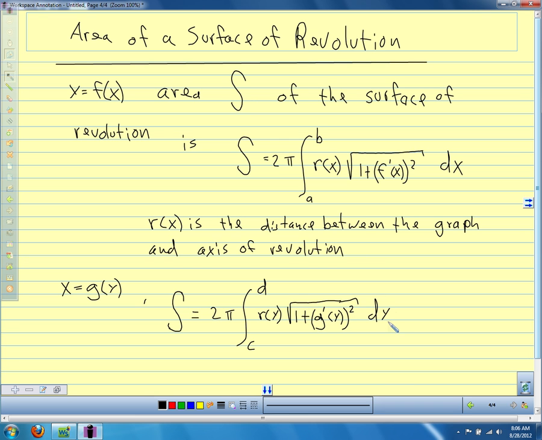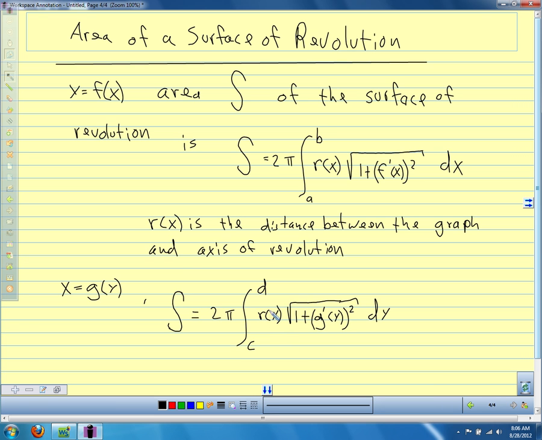And r of y is just the radius of revolution expressed as a function of y. It depends on how you're revolving your graph around what axis. You just want your radius expressed as a function of y.